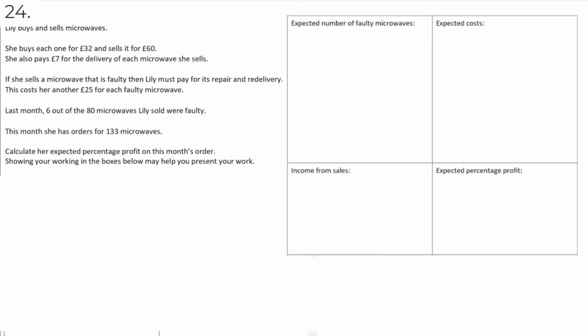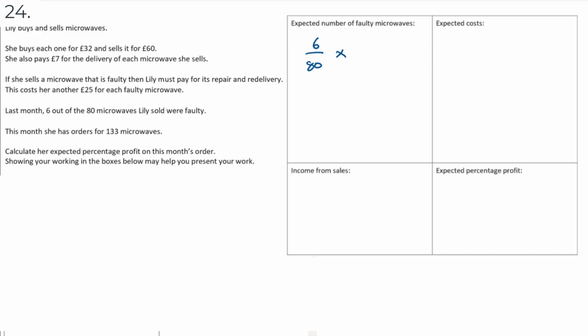Expected number of faulty microwaves. Last month, 6 out of 80 microwaves were faulty. So we're expecting 6/80ths to be faulty if it's a similar thing as last month. So we're expecting 6/80 multiplied by this month's sales.